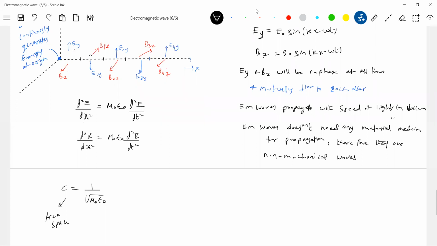In any medium, it will be v equal to that one. So this should become equal to 1 by mu into epsilon, or this will become 1 by mu naught mu r epsilon naught epsilon r. So finally this will become c by root of mu r epsilon r.